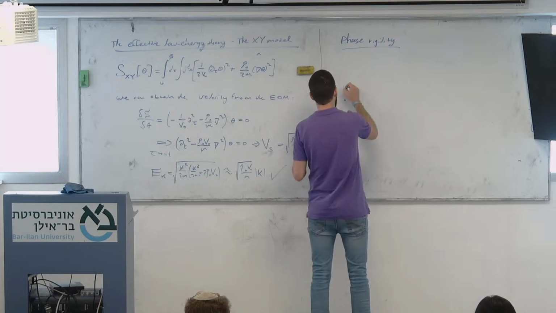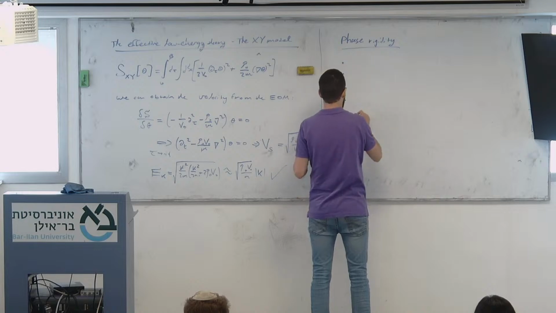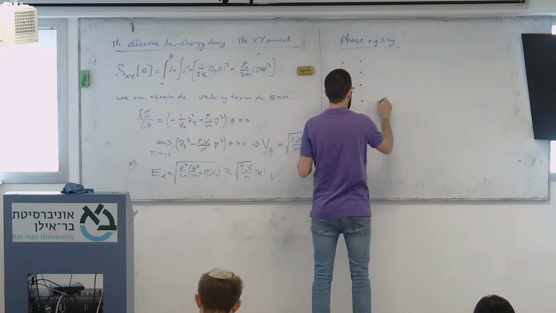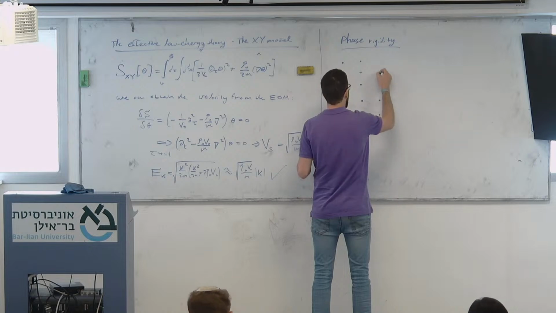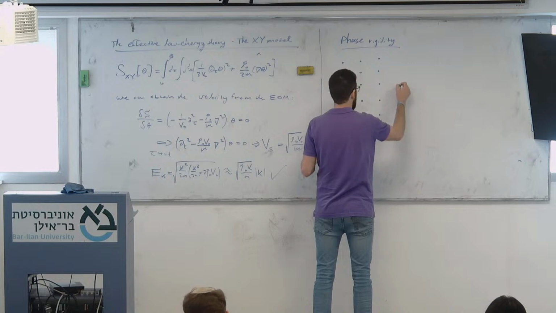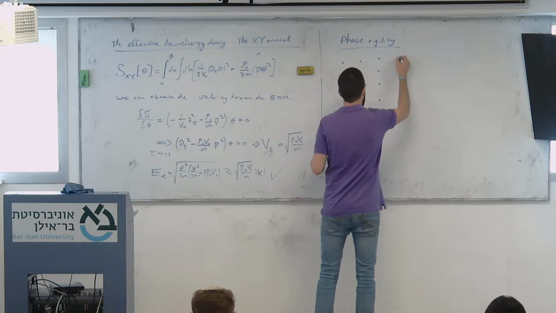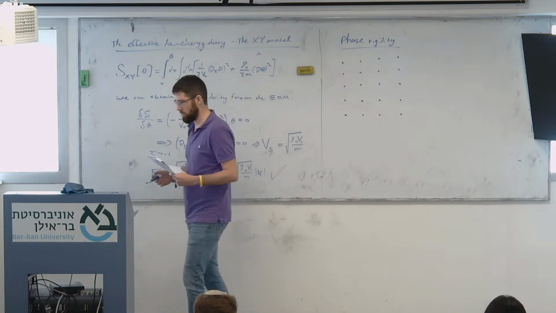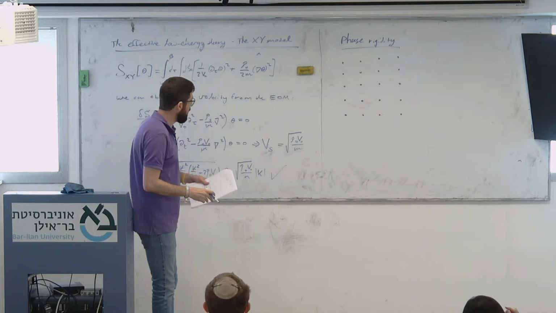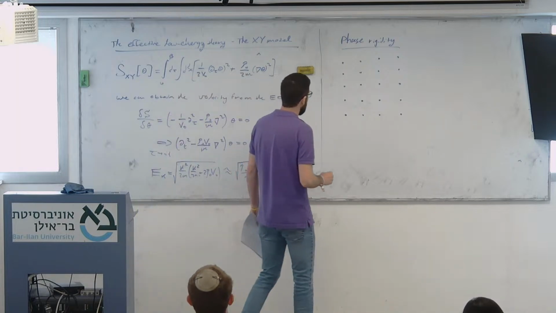A crystal is a situation where another continuous symmetry is broken, but this continuous symmetry is not global gauge invariance. What symmetry is broken? Translation. Translational symmetry.